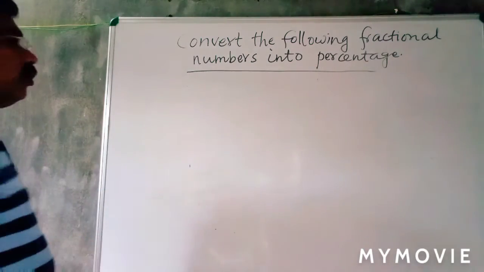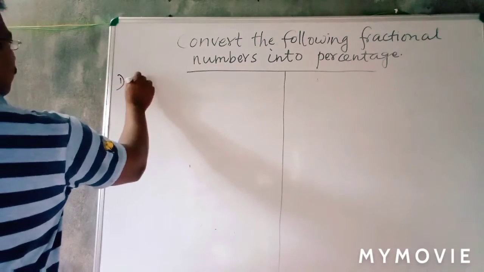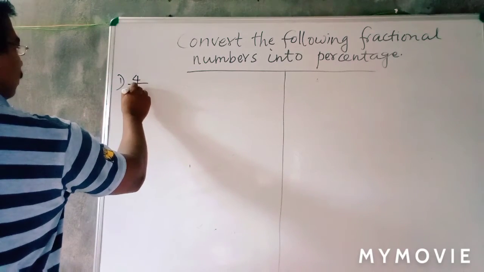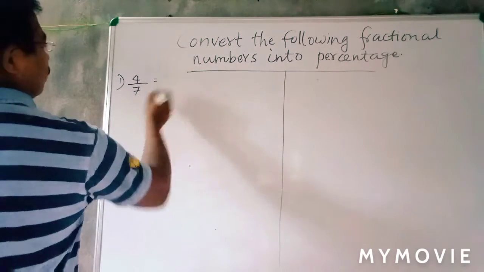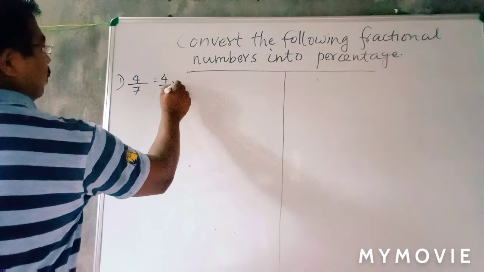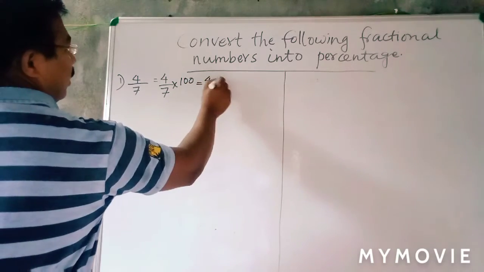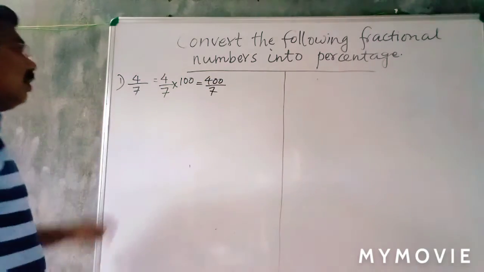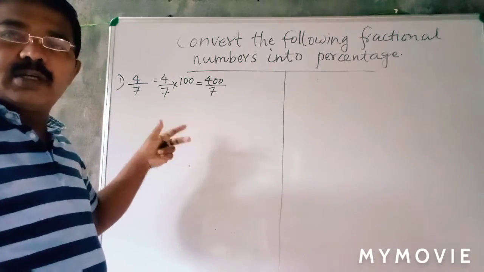More examples I am going to give you. More examples, you write down. 4 by 7, we convert it into percentage. 4 by 7 into 100 is 400 by 7. We cannot completely divide or cut this number.